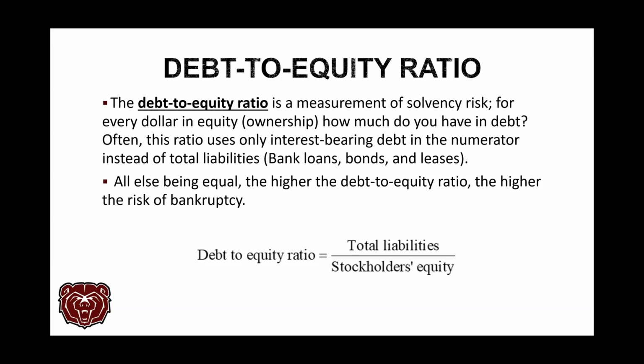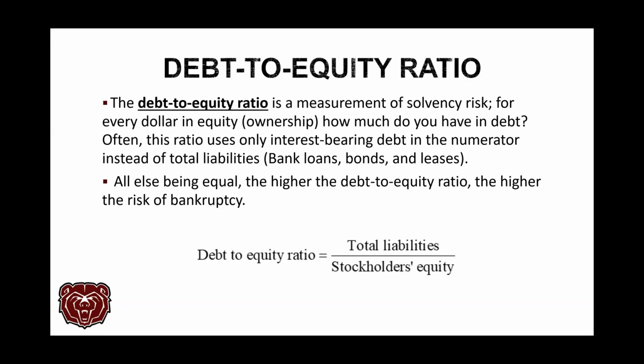Like it says here, it's a measurement for solvency risk. What it's telling you is for every dollar in equity, every dollar in ownership that you have, how much do you have in debt? Okay, so one thing to note here, and it seems a little confusing, but just make a note of this, highlight this line. Often the ratio uses interest-bearing debt in the numerator instead of total liabilities.